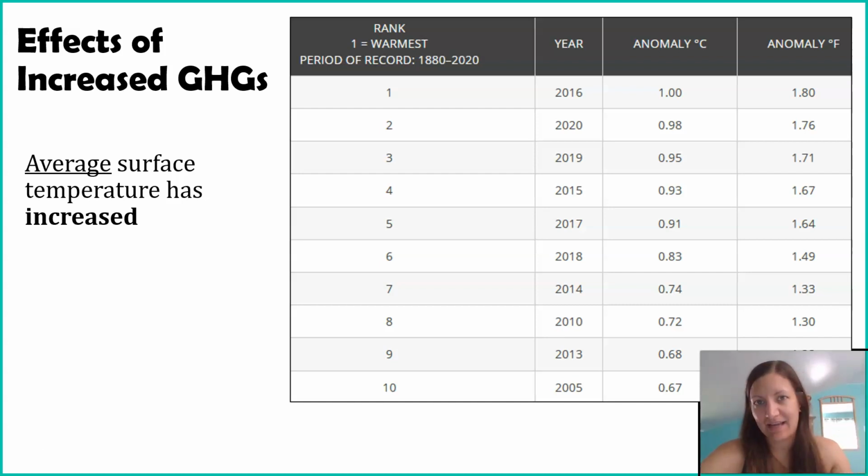The last ice age, the entire northern hemisphere was covered in ice and in glaciers. Now, despite the whole northern hemisphere being covered in glaciers, the average world temperature was only about 5 degrees colder than it is today. 5 degrees! 5 degrees colder covered the northern part of our Earth in ice.